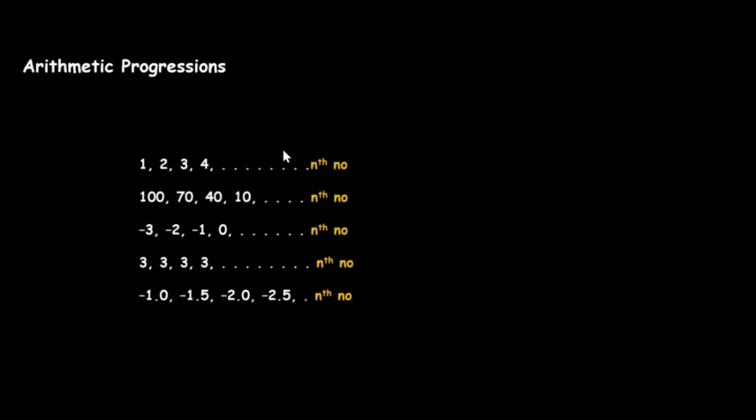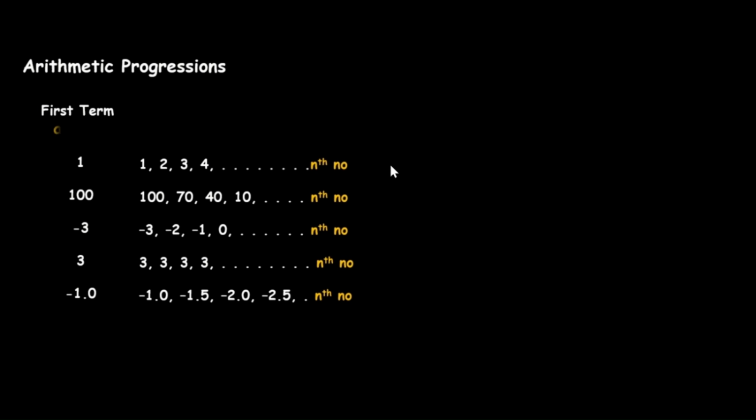There are specific names and symbols given for each of the term and constant number of the arithmetic progressions. So let's pick up the same examples to understand what are those specific names and symbols. Here are the arithmetic progressions. So 1, 100, -3, 3, and -1 are the first terms of the respective arithmetic progressions.